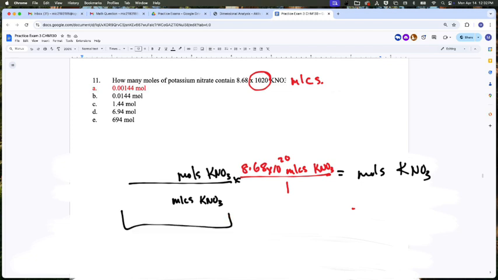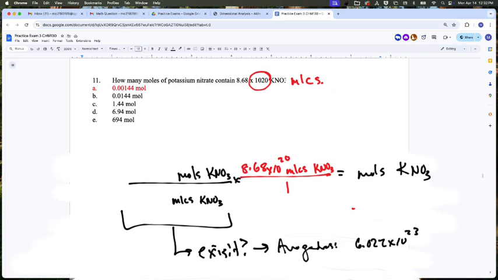So now the question becomes, does this exist? And if it exists, what is it? That's Avogadro's number. And what is Avogadro's number? 6.022 times 10 to the 23rd molecules is equal to 1 mole.